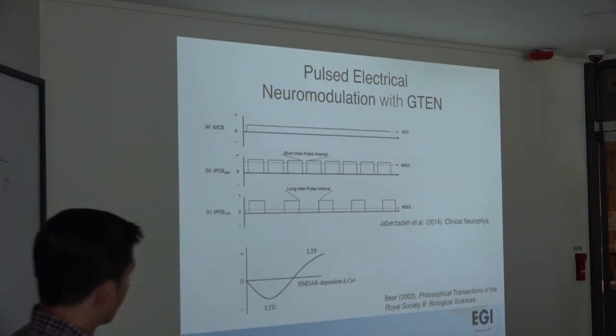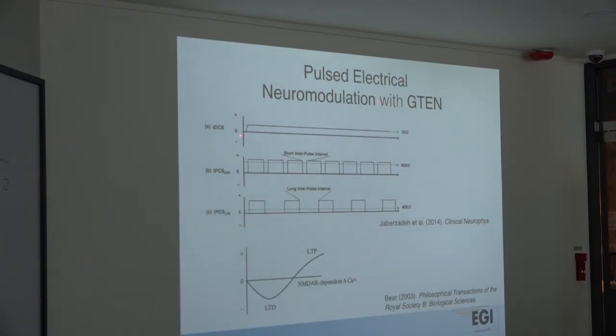So pulse electrical neuromodulation. This is TDCS. You turn the current on, you keep it on for some amount of time. In pulse neuromodulation, you turn it on and you turn it off, turn it on, turn it off. And you can make it very brief, and this is fast stimulation, this is slow stimulation.